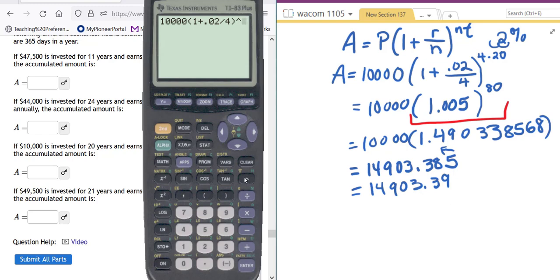To the power. You need parentheses because you have math there. 4 times 20. Close. Never hit enter. Now hit enter. 14903.38. Your 5 is going to push you up. And it did take care of order of operations.